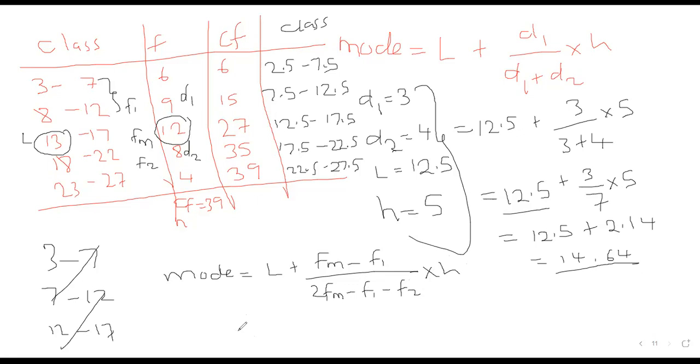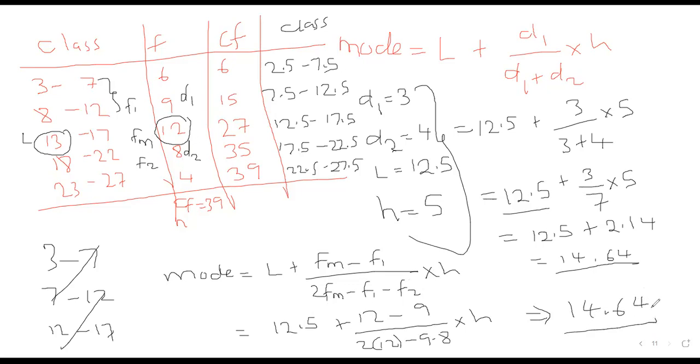To give you the same answer, our lower boundary is 12.5. Our FM is the highest number, which is 12 itself. And F1 is the number above, which is 9, over 2 times 12 minus 9 minus 8, times the height. You still get the same answer as 14.64. That is how we find our mode.